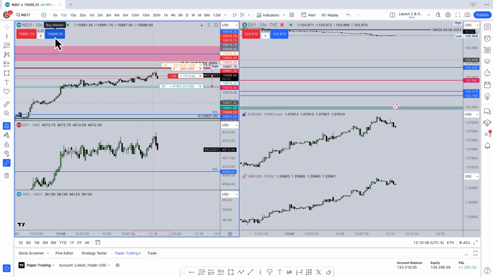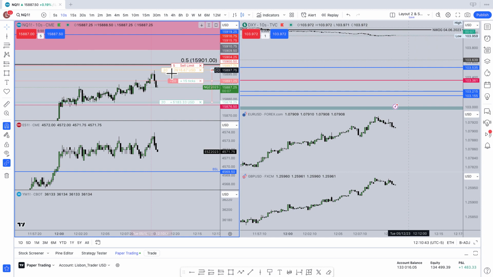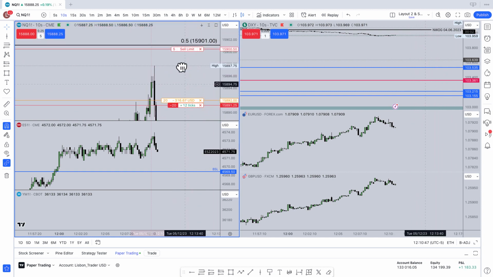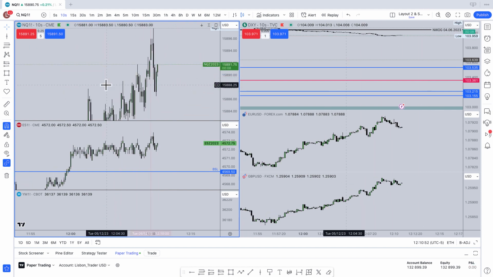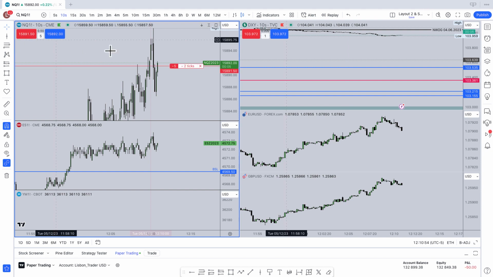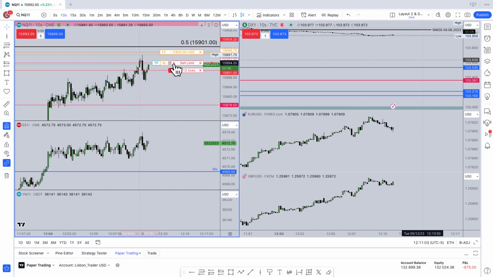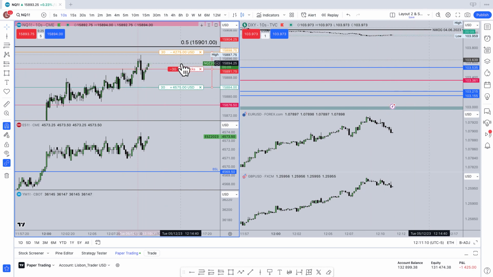Okay, 33. There's 5K down below. Stop is now at break even. That was taken. There's a shift in market structure here. There.